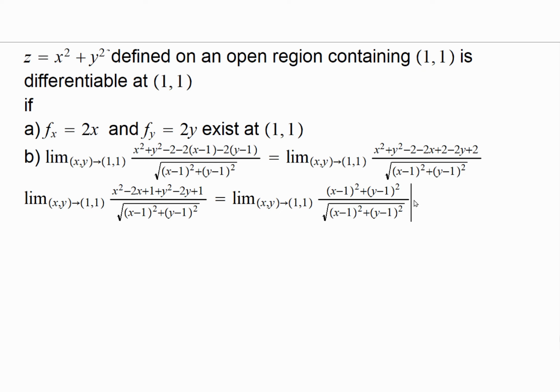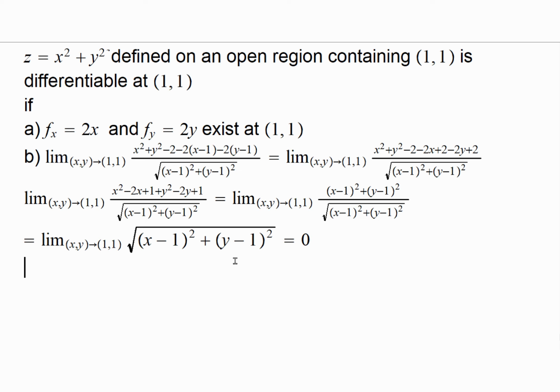After you simplify this, this is the limit, or let me just take it to the next line. This is the limit of this quantity divided by its positive square root, so that will be the limit of the square root of the quantity, which will be 0. So this was a straightforward example in which we could do the algebra easily.